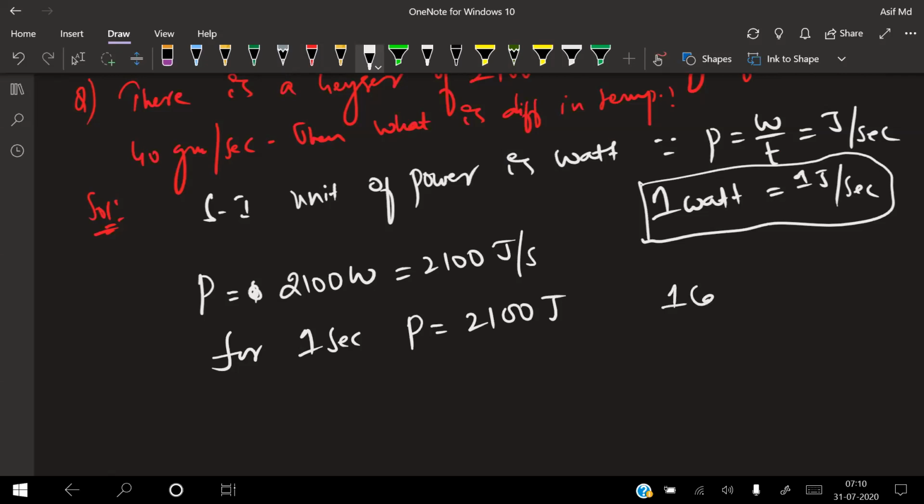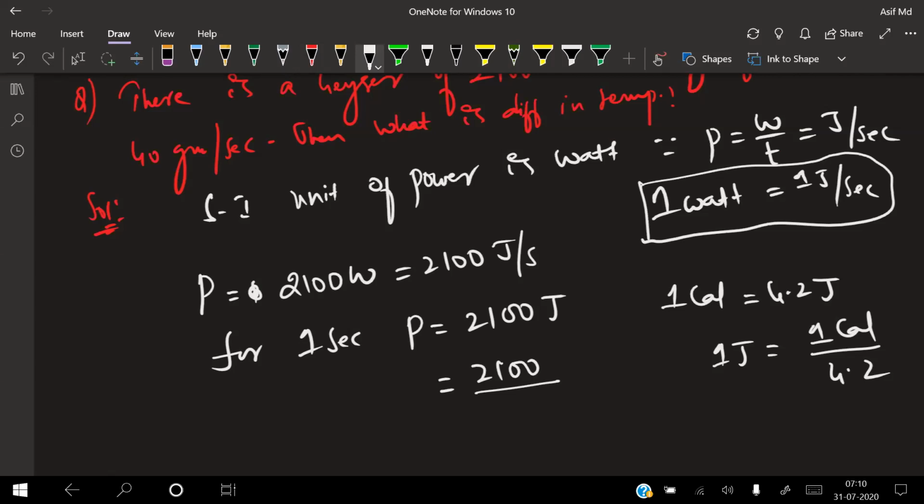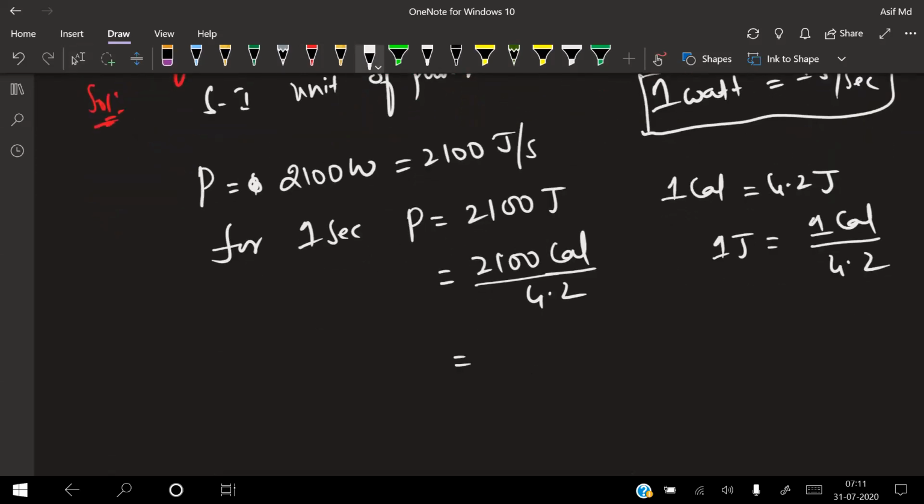And we know that 1 calorie is equal to 4.2 joule. So 1 joule will be equal to 1 calorie divided by 4.2. So this will come as 2100 divided by 4.2 calorie, that is 2100 divided by 42, because 4.2 is 42 divided by 10.